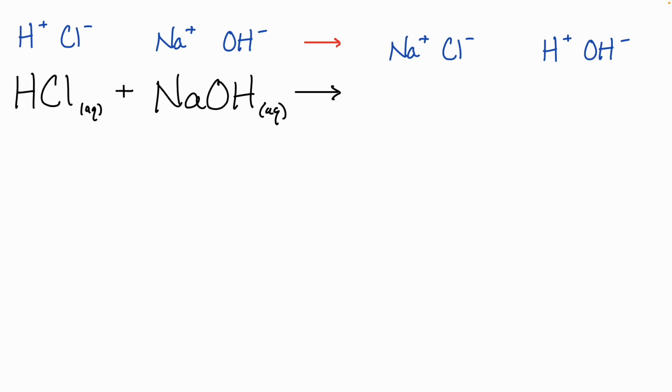We know that our formula is NaCl. We can look it up on our solubility table to find that this is indeed a soluble compound. And then my other product is HOH, which is a really weird way of writing the formula for what molecule? H2O, water.